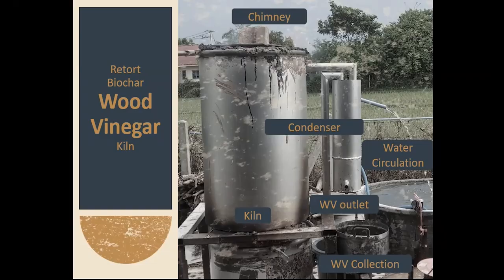And in this case, the flame does not come in direct contact with the biomass at all. And then on this system, we have this extra component here, and it basically funnels the smoke, and we have a condenser with cool water running through it, and out comes what we call liquid smoke or wood vinegar.